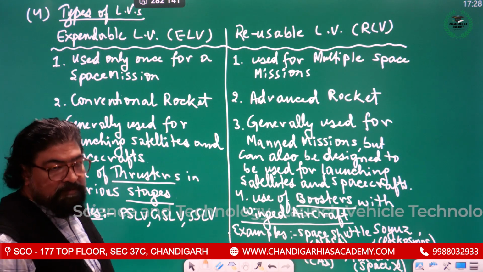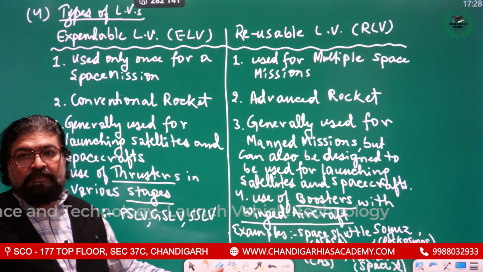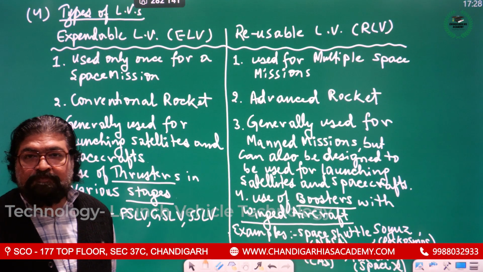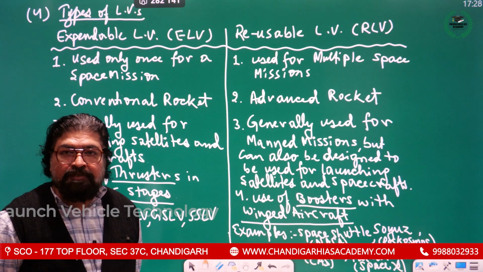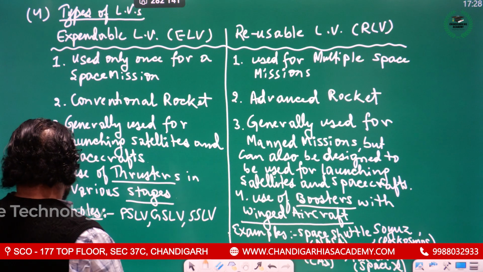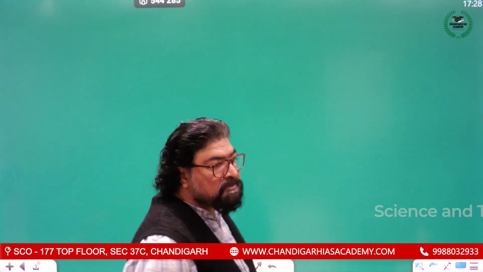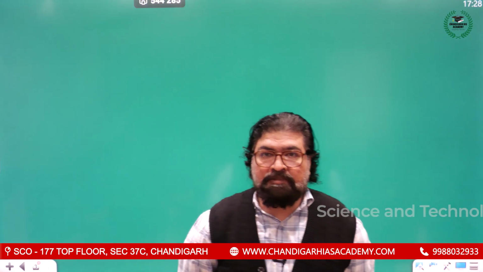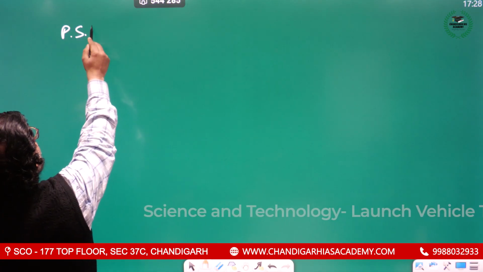In one of the earlier sessions, I already mentioned PSLV, GSLV, SSLV, the Indian space missions. Now what is very important here, which I would like to add, is in terms of India's launch vehicles, particularly traditional launch vehicles, PSLV, Polar Satellite Launch Vehicle.